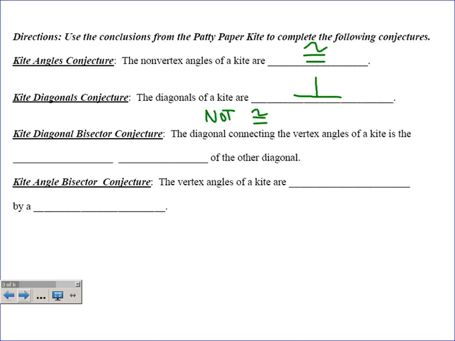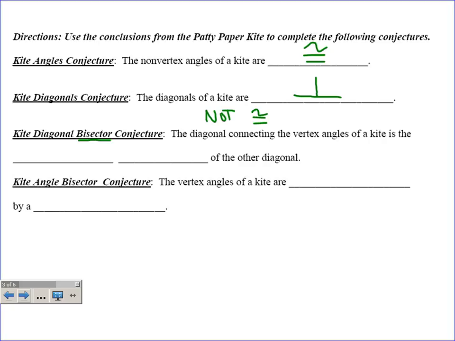The kite diagonal bisector conjecture, wow, that's a mouthful. It almost rhymes, but not really. The diagonal connecting the vertex angles of the kite is the blank blank of the other diagonal. Well, what do you think the word bisector means?